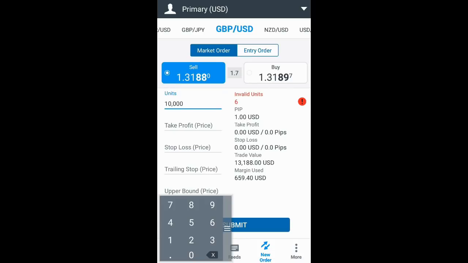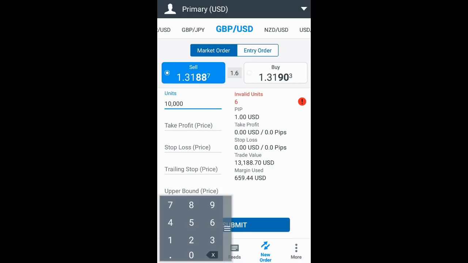Now every scenario is different, obviously. But in this case, this is the scenario that we're dealing with. So with my $1,000, I will take the moderate risk approach because I consider myself a moderate risk investor. Now I will take 10,000 units, which is equivalent to 0.10 lot sizes.